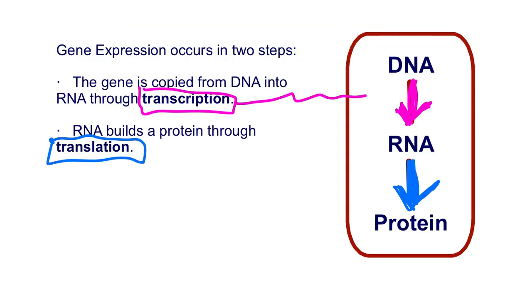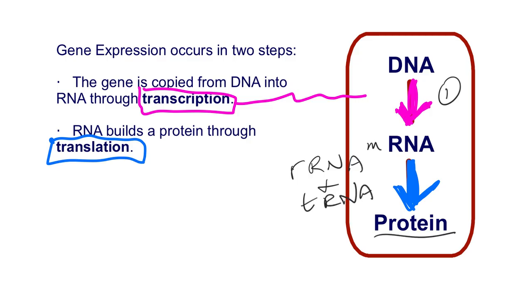So gene expression is a two-step process, generally speaking, where first DNA turns into RNA, specifically mRNA. mRNA carries the gene code to the cytoplasm. And there in the cytoplasm, the mRNA works with the ribosomal RNA and the tRNA, transfer RNA, to form a protein from those instructions that mRNA copied from DNA.